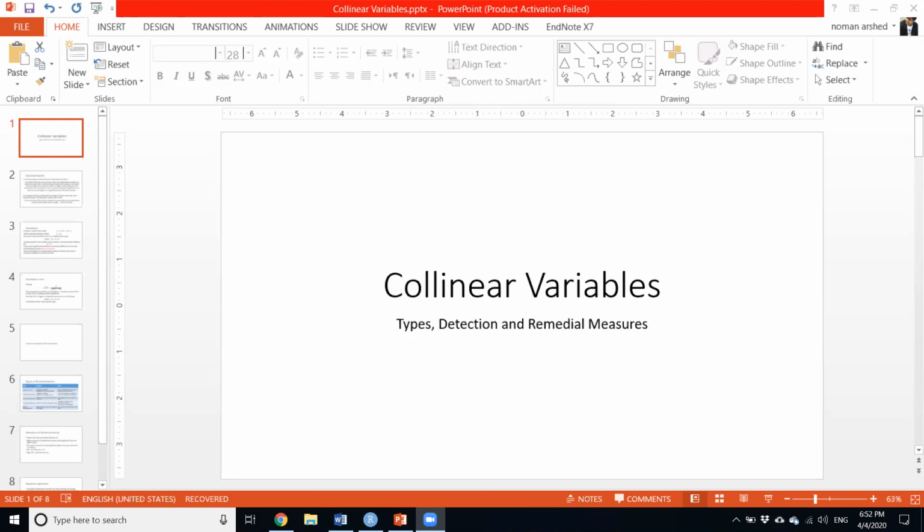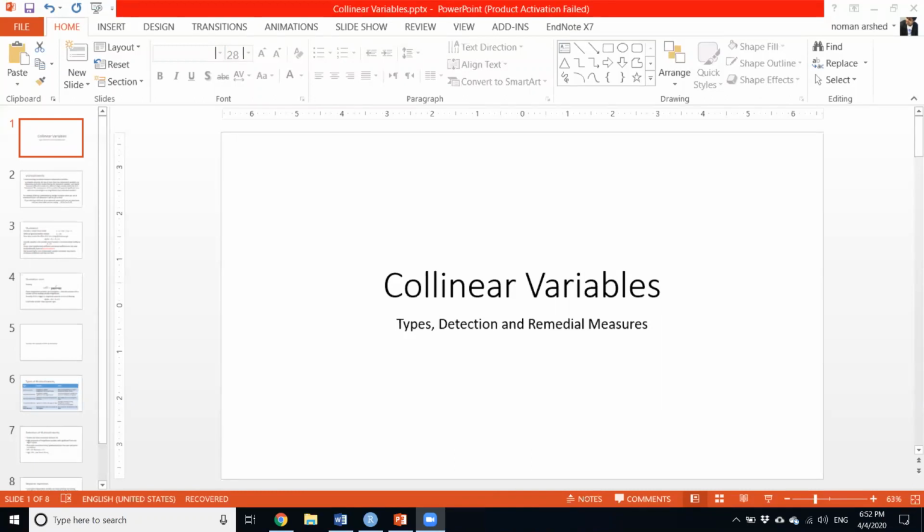Now today we are selecting one of the problems, and we are going in detail on how to check it, what the possible types of that problem are, how to detect it, and what the possible remedials are. So first of all, today's topic is the collinear variable.